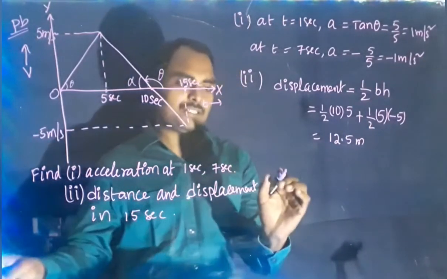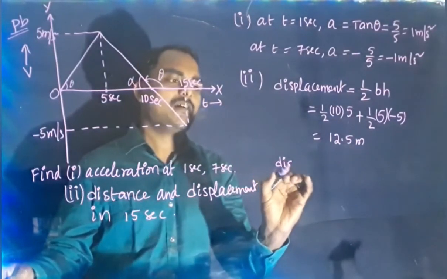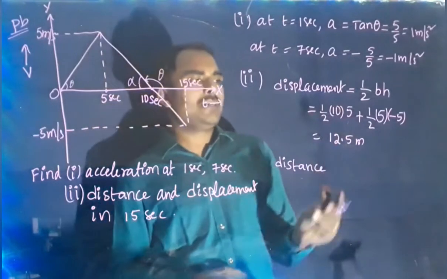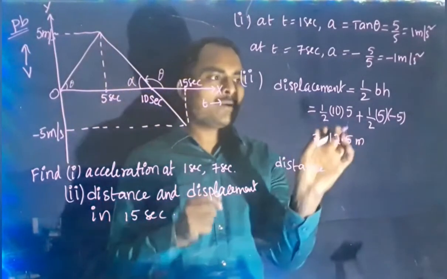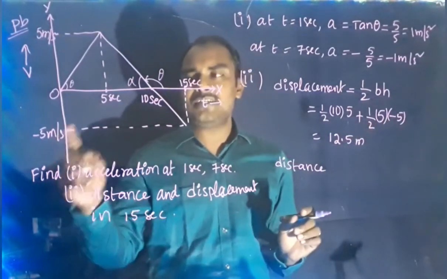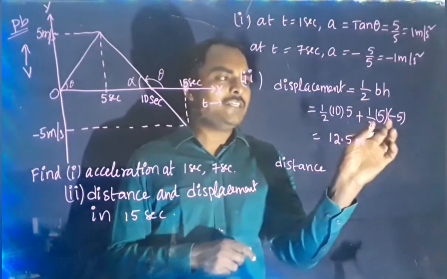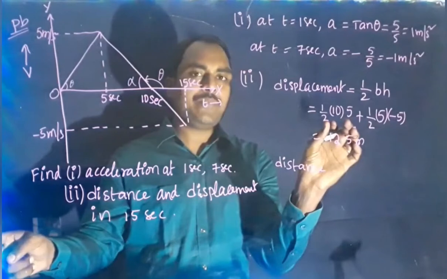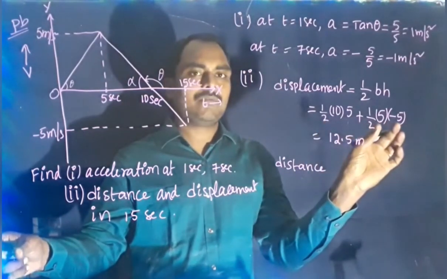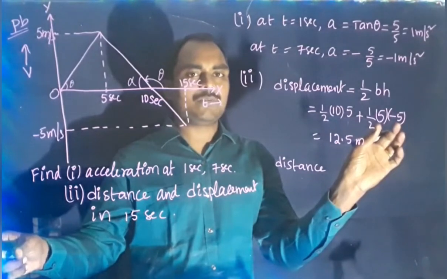Then what is the distance? In the calculation of displacement, the area of the big triangle was positive, but the area of the small triangle was negative because here the velocity is negative. So 25 meter positive displacement and minus 12.5 meter negative displacement.